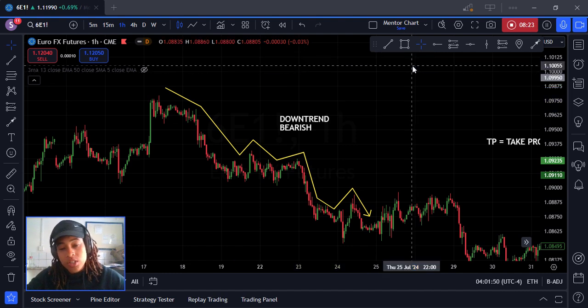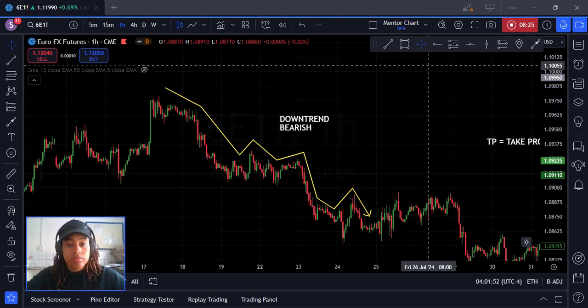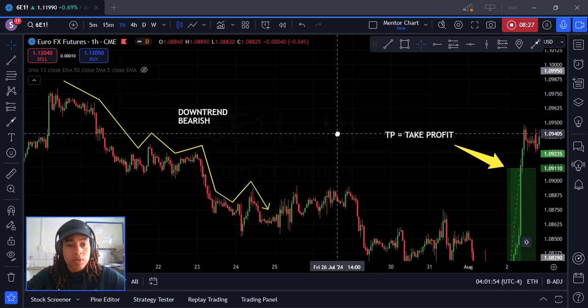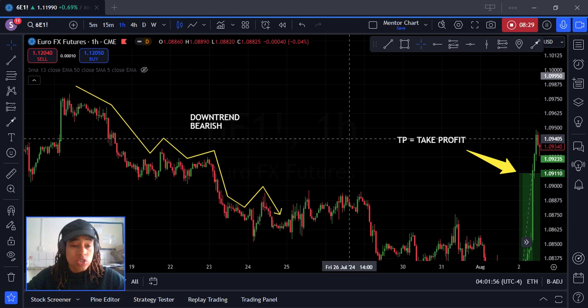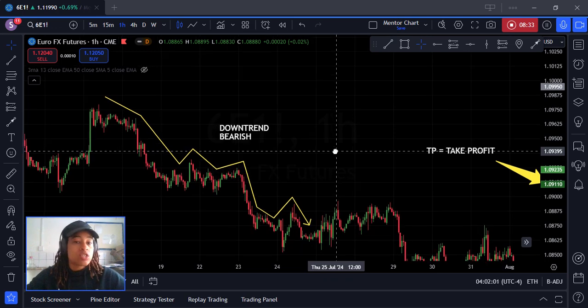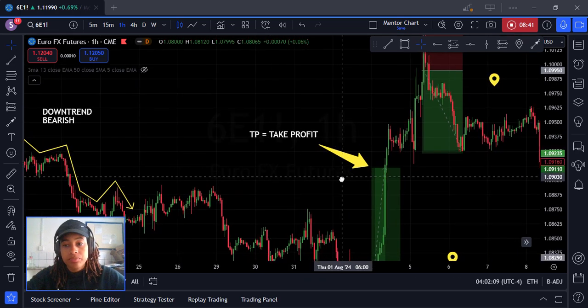So yeah, bullish up, bearish down. That's pretty self-explanatory, pretty simple. That means it's trending down or it's trending up. So just take notes and literally write bearish downtrend, bullish uptrend. That's a good thing to write down.